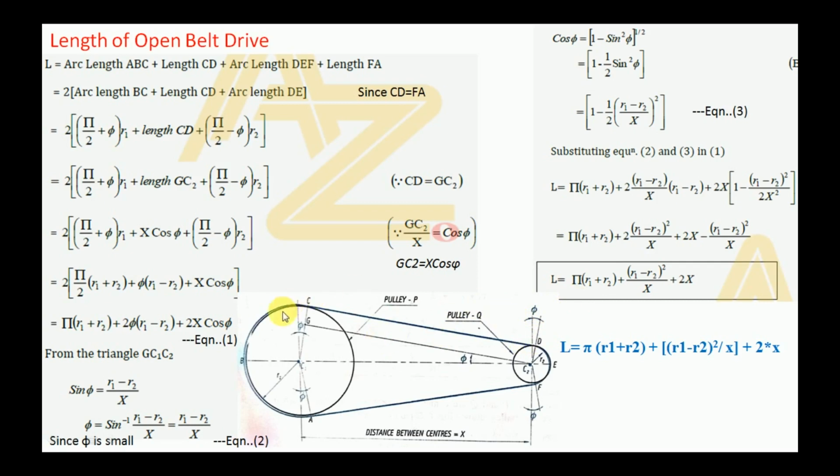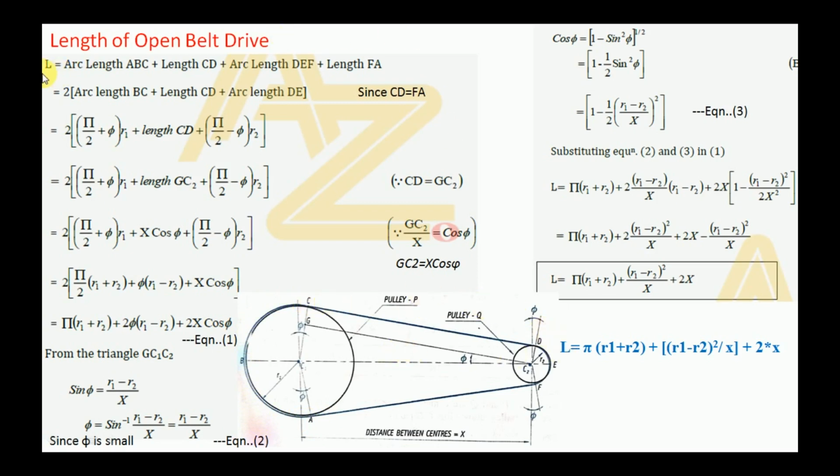Here we have considered two pulleys. The first one, the driving pulley, has radius R1, the driven pulley has radius R2, and the center distance between the two pulleys is X. To calculate the total length of the belt, we need to take the sum of these arcs as well as the lengths.